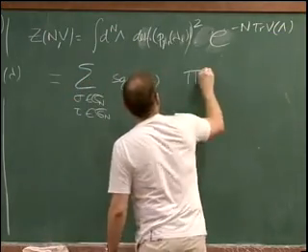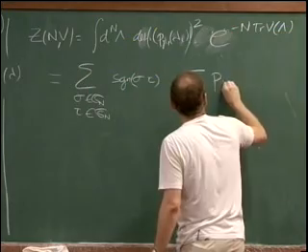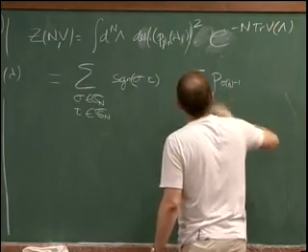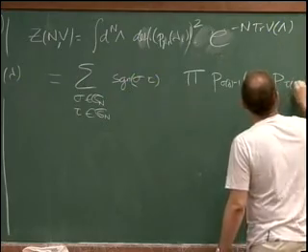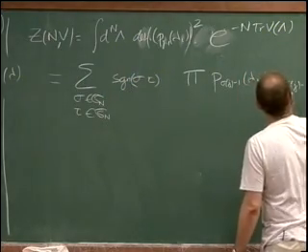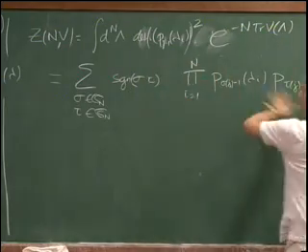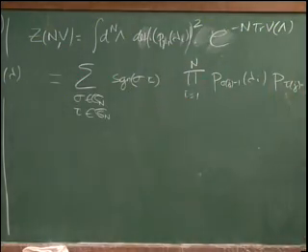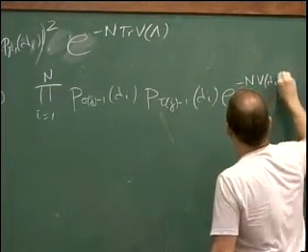And now the product of P_{sigma(j)-1}(lambda_i), P_{tau(j)-1}(lambda_i), from i equals 1 to n. This is just my two determinants put together. And now I will split this also according to each lambda_i.